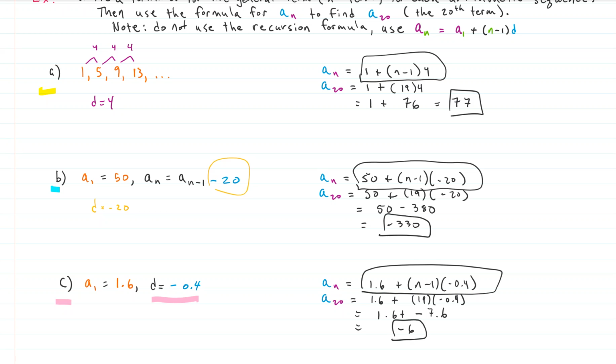So I found the nth term, or the general term for the sequence, which is 1.6 plus quantity n minus 1 times negative 0.4, and I have found the 20th term in this sequence, which is negative 6.